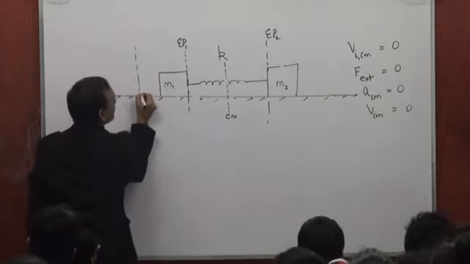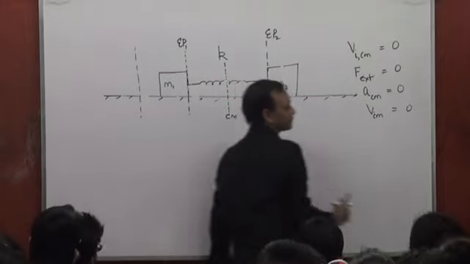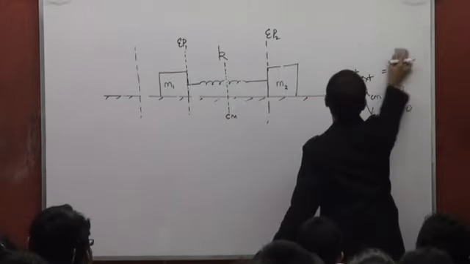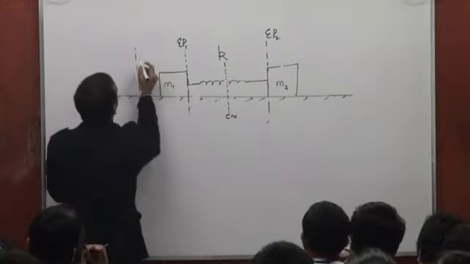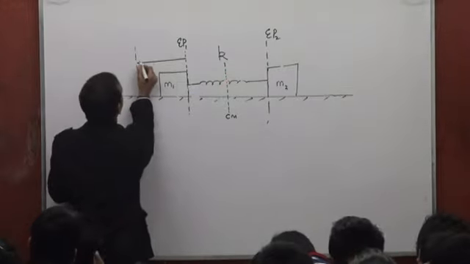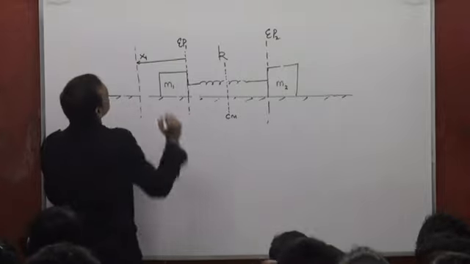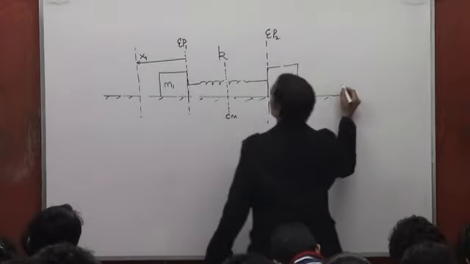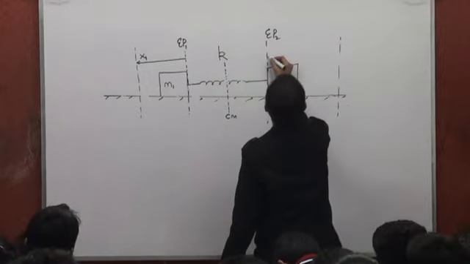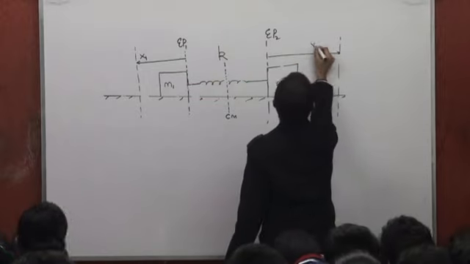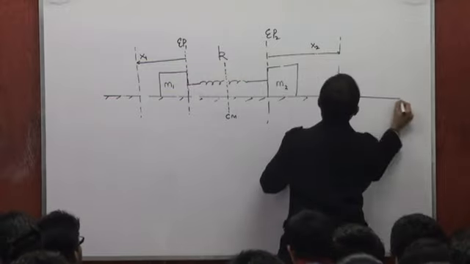Now, imagine a situation where M1 is at a distance x1 from its equilibrium position and M2 is at a distance x2 from its equilibrium position.